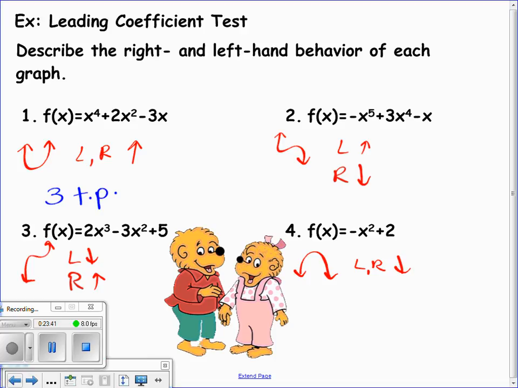That's kind of fun to say. All right, so this is 5th degree, so at most, how many turning points? I'd have 4 turning points. This is x to the 3rd, so how many turning points? At most, 2 turning points. And this would have, at most, 1 turning point.